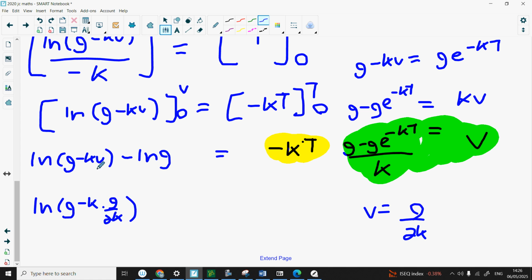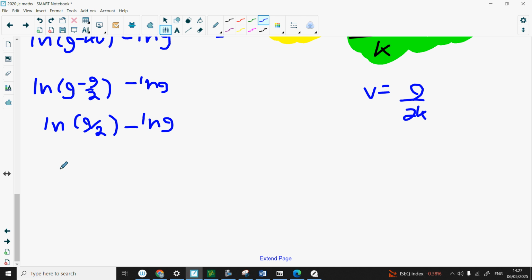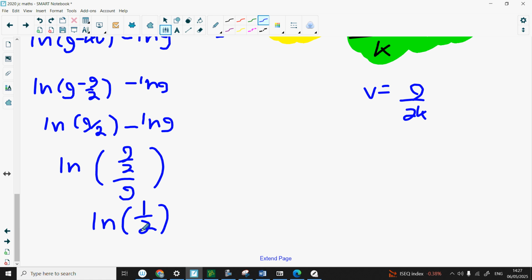Would you all agree that's g minus g over 2? What's g minus g over 2? So then that's ln of g over 2 minus ln g, which is ln of g over 2 divided by g, which you all agree is ln of a half, yeah?